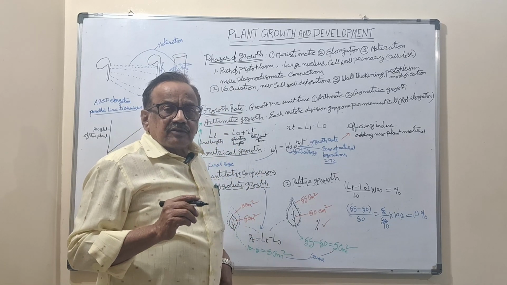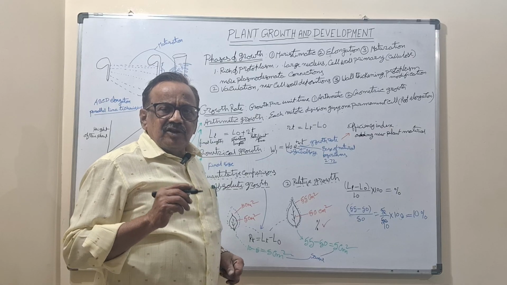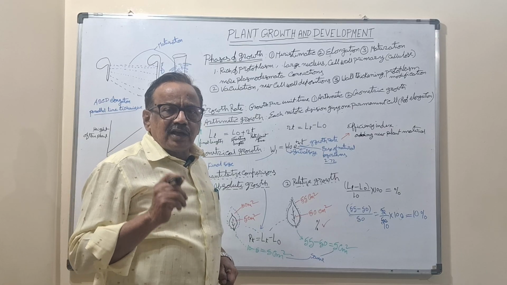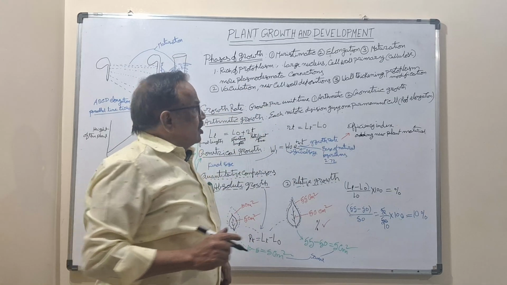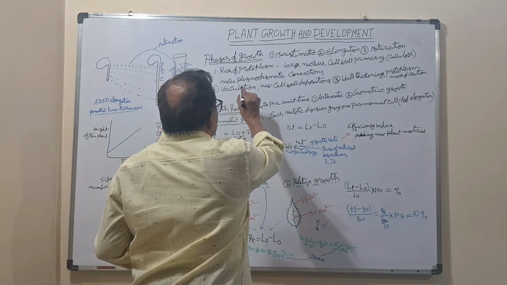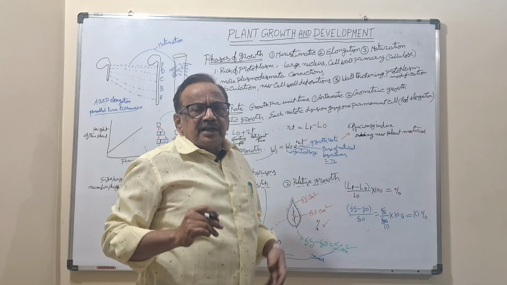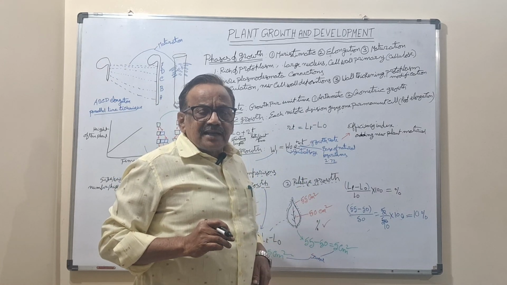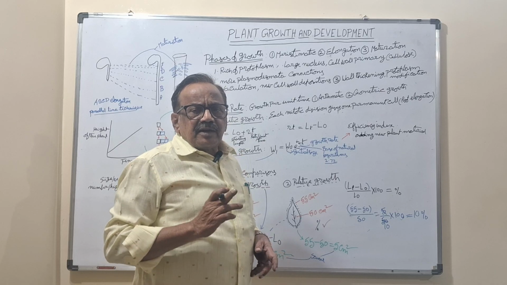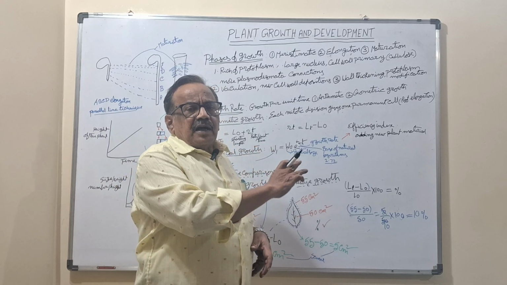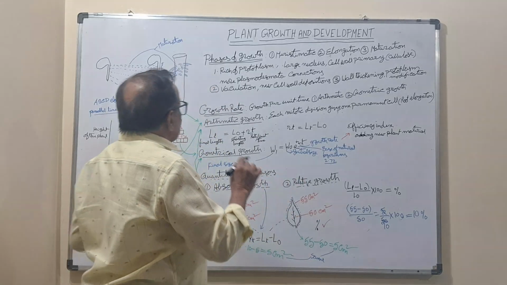So through diffusion, the required nutrients and materials are transported to the meristematic cells. So around the cell, many plasmodesmata connections are present to pass the required material from the parent plant to the meristematic cells.